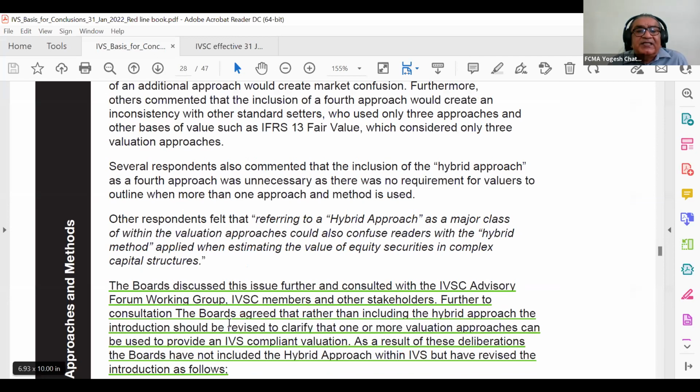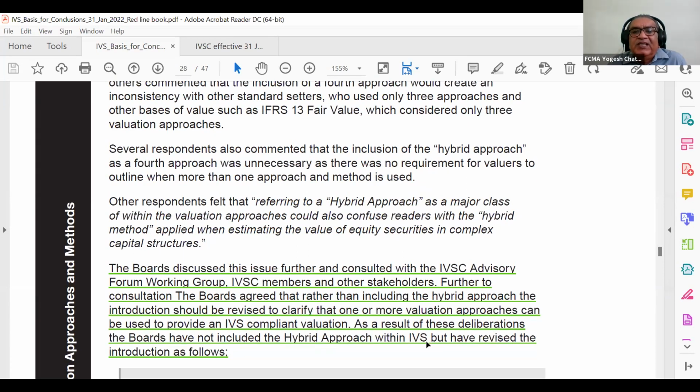After further consultation, the board agreed that rather than including the hybrid approach, the introduction should be revised to clarify that one or more valuation approaches can be used to provide an IVS compliant valuation. So as a result of these deliberations, the board has not included the hybrid approach within IVS, but has revised the introduction as follows.